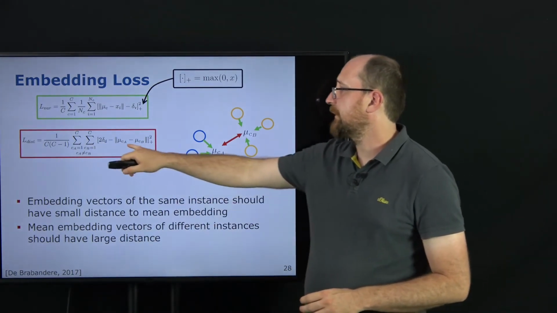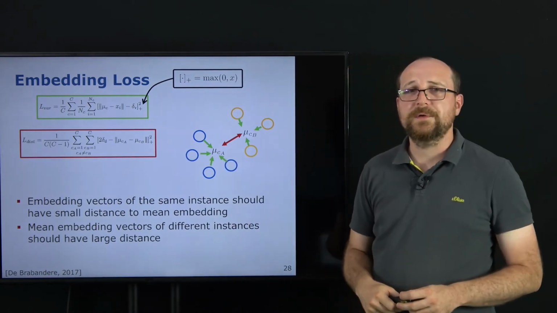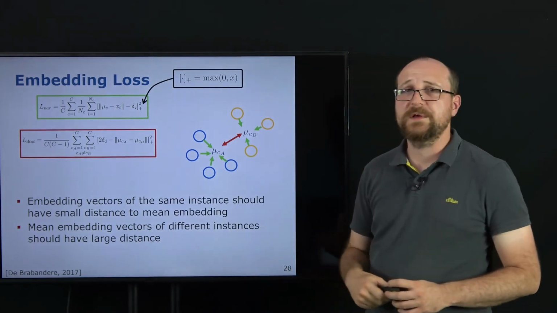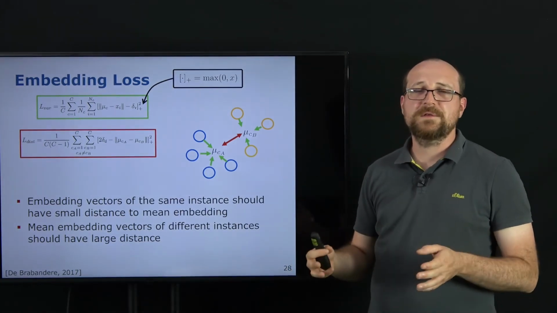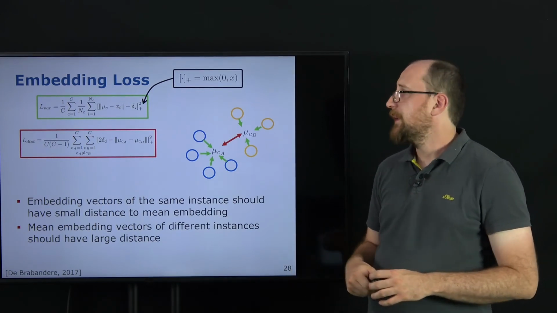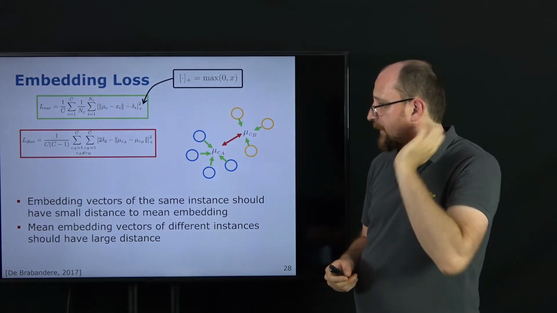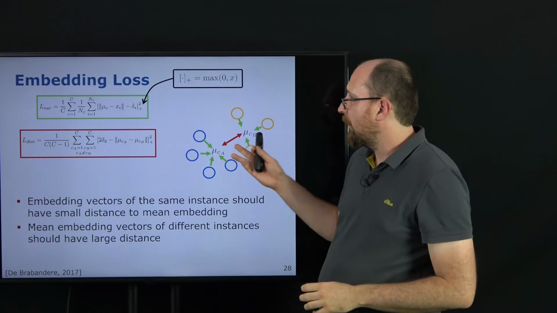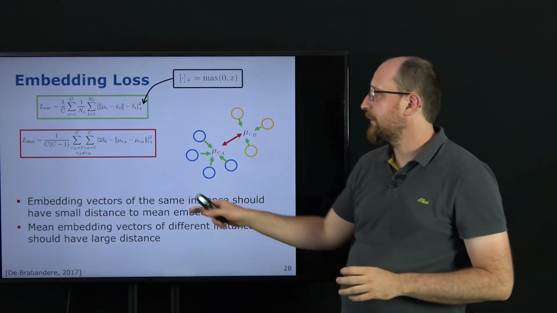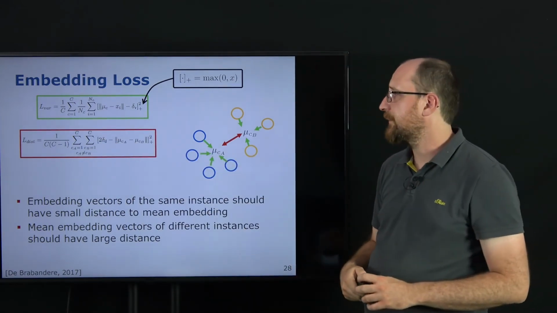By subtracting the distance between the mean vectors, as we had this for CornerNet, we are getting the embedding vectors such that for the same instances, they are close together, and for different instances, they are pushed apart. And in this work from De Brabandere, they also did this for the classification. So you see here the C inter in there, but this can also be done for the instance segmentation.